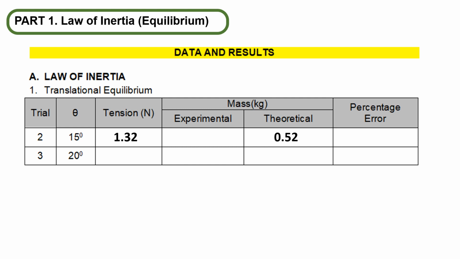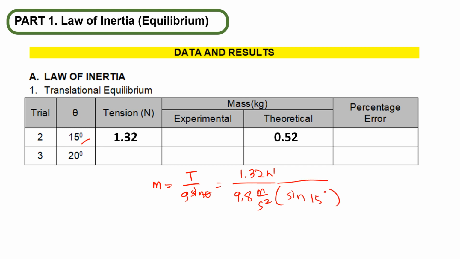The formula for the experimental value: mass is T over g sine theta. So the tension here is 1.32 newtons over g, which is a constant, 9.8 meters per second squared, multiplied by sine of the angle, which is 15 degrees.